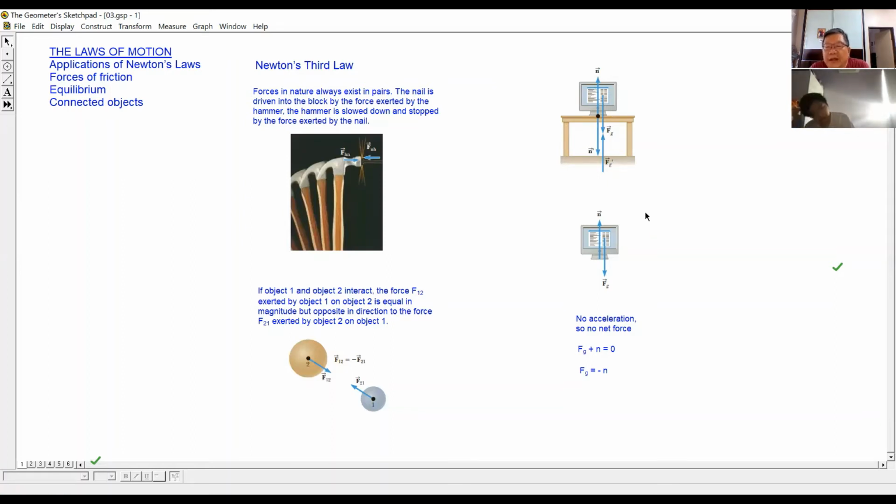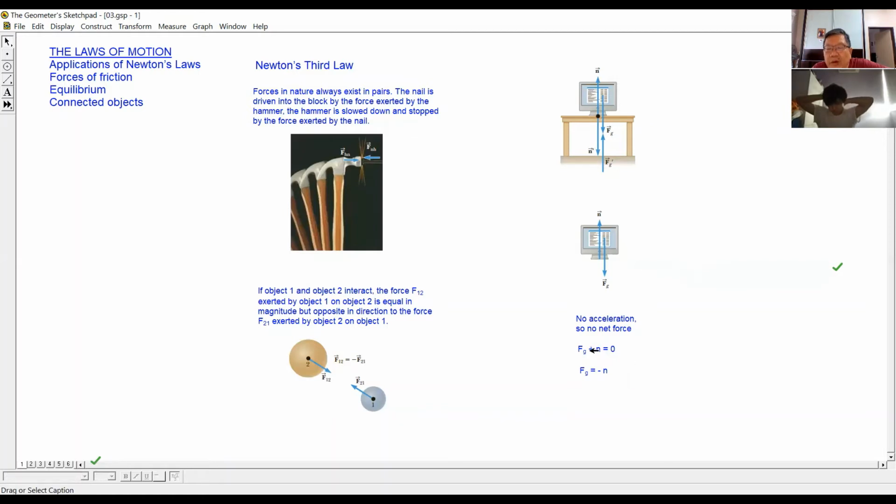If we look at the monitor alone, there are two forces acting on this object. One is the normal reaction, the other one is the weight of the object. The normal reaction is denoted by N. The weight of the object is denoted by Fg.